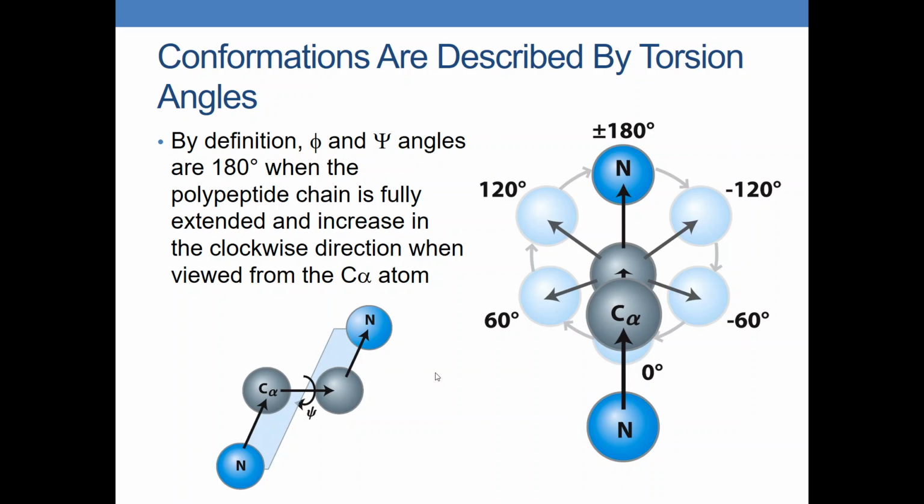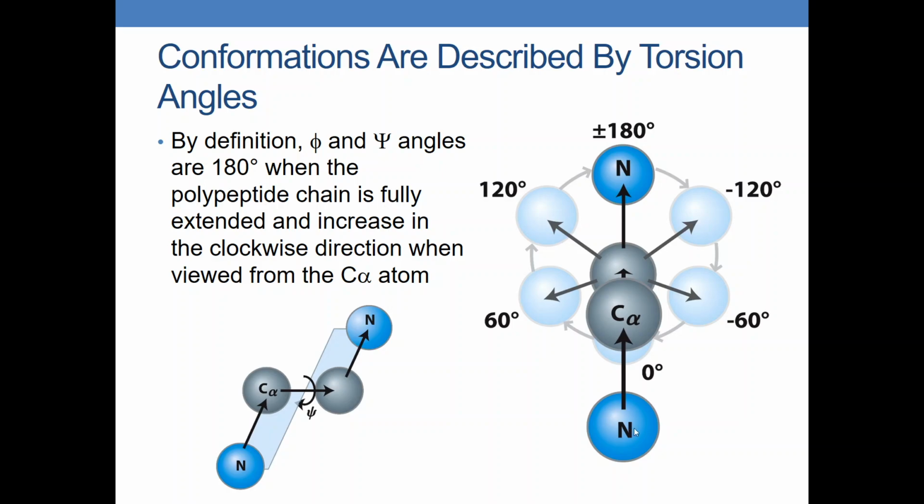Now, if we just look down the C alpha carbon, take this, rotate 90 degrees, and view it down the C alpha carbon, you'll get a sense for what I'm talking about. So for simplicity, I'm going to start not in this position, but rather in the cis position. Bear with me for a moment. I take this nitrogen, rotate about this bond so that it's pointed downward so that the amide nitrogens are cis to one another. This would be my 0 degree position.